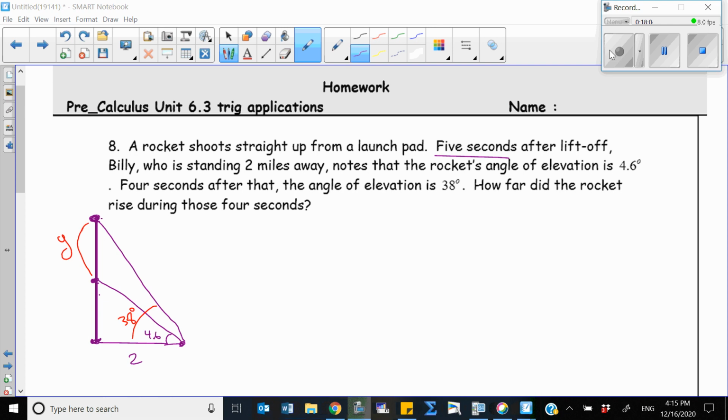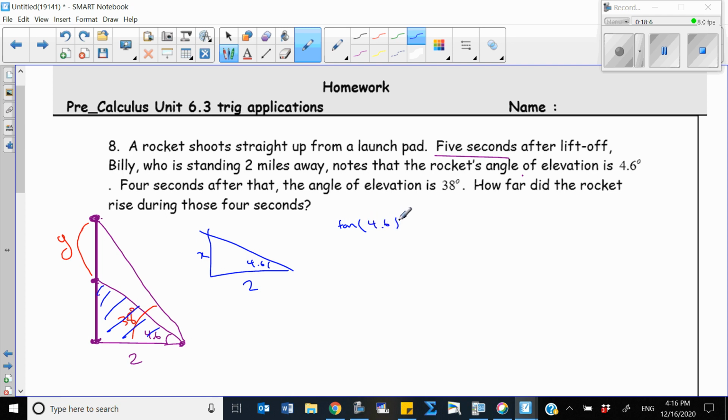So here the first thing that I'm going to do is to look at the triangle that I have at this point. One of the triangles that I have is this one. Let me draw that here again. So in this triangle, I have this side as 2, this angle, which is 4.6. So using this triangle, I'm going to find this side. This side is opposite of this angle, and the other one is the adjacent. So I can make my tangent function.